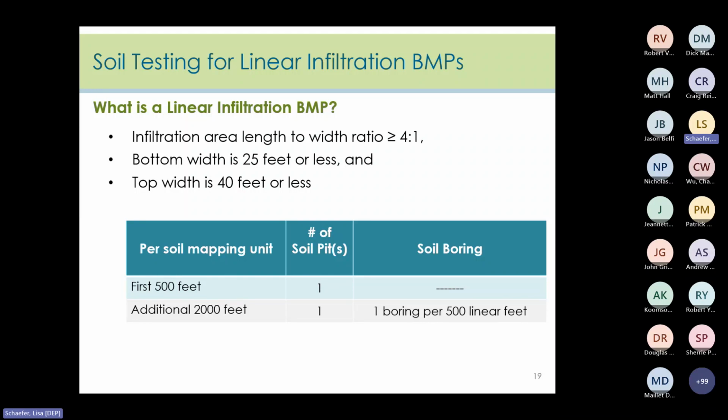In each soil mapping unit, the soil profile pit must be conducted within the first 500 linear feet of the BMP. And where the length of a linear BMP exceeds 500 linear feet, 1 soil boring must be conducted at every 500-foot interval, and 1 additional soil profile pit must be conducted for every 2,000 linear feet. All soil explorations must be equidistant to adequately characterize the infiltration area.